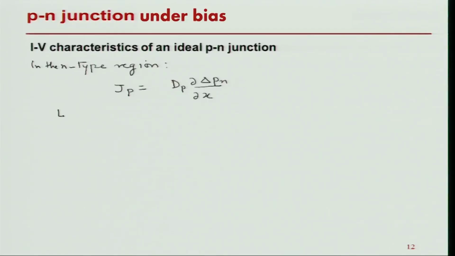And in the low injection approximation, the hole concentration in the n side will be given by the equilibrium hole concentration plus the excess hole concentration in the n side.